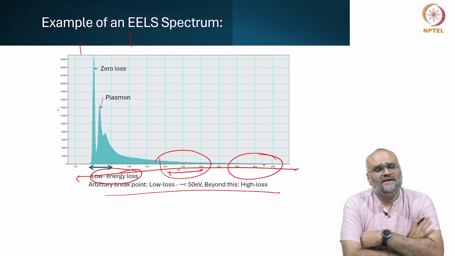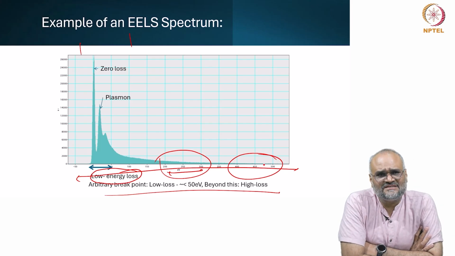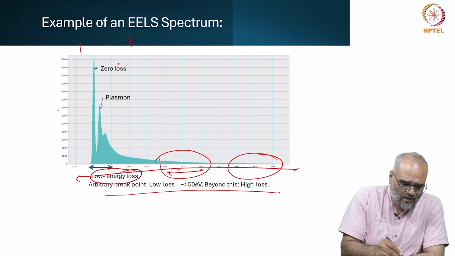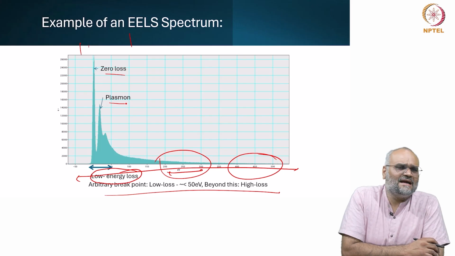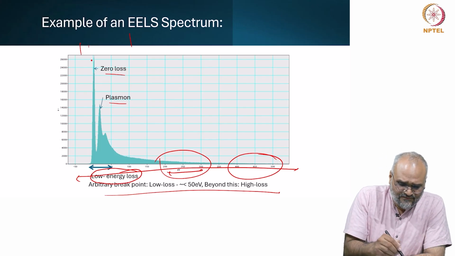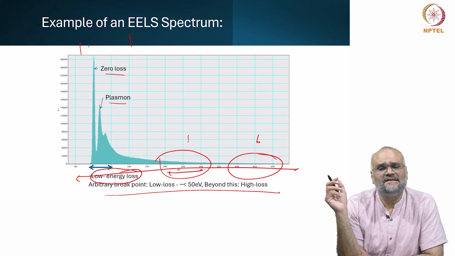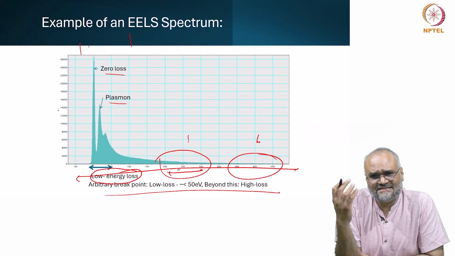So the strength of this technique is that on the same spectrometer, once I collect the low loss spectrum and I look at how the zero loss and the plasmon peaks are, and I get an idea of the thickness of the specimen, from this information I can next focus on specific energy windows where I know where my ionization edges are.